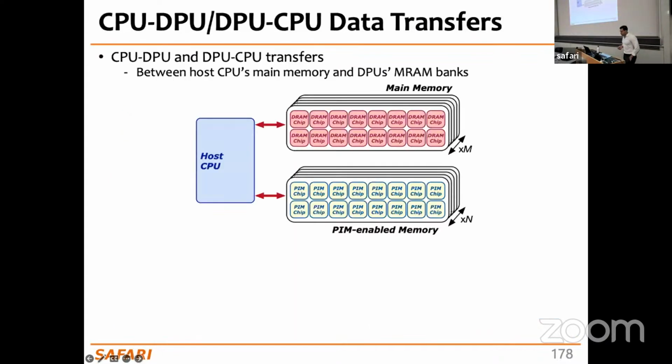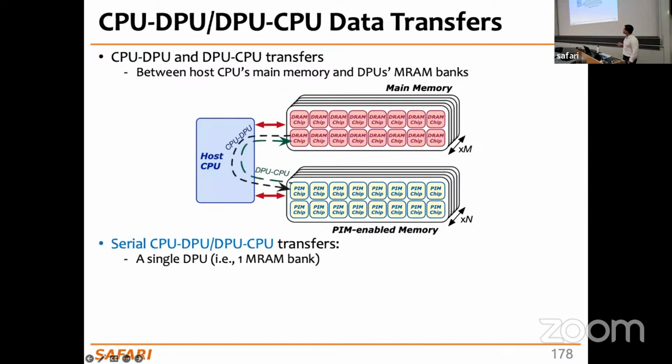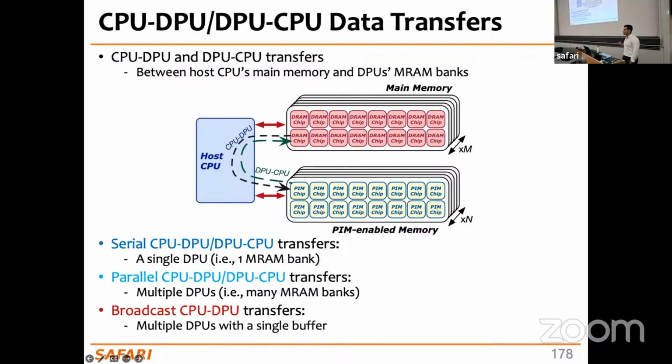As I mentioned, since this follows a loosely coupled accelerator model, you need to manually transfer data between the CPU and the DPUs. To do that, there are 3 different types of data transfer instructions that you are going to use during the labs. The first one is called serial data transfer, and this moves the data between the CPU and a single DPU.